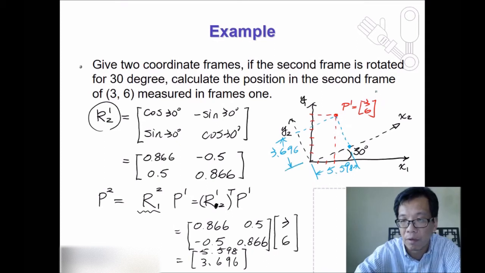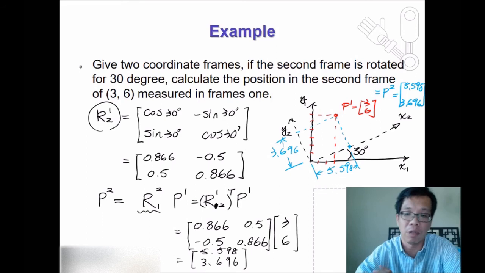So this also equals P2 equals 5.598, 3.696. They mean the same thing, but measured from different coordinates.